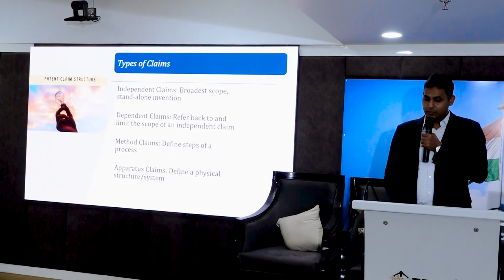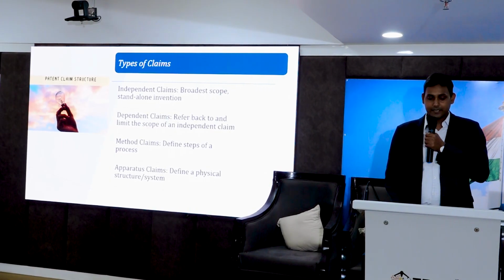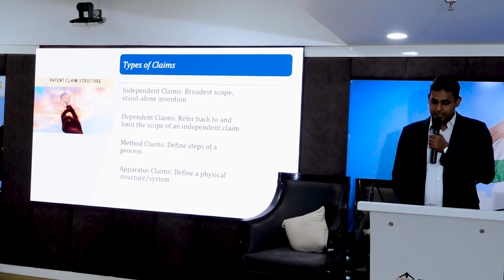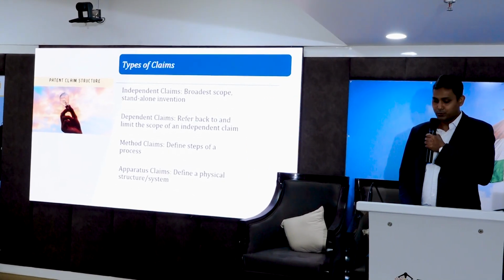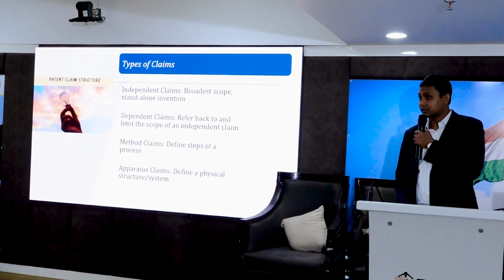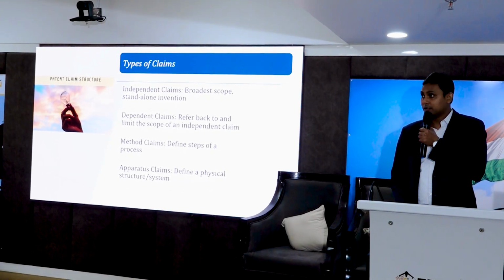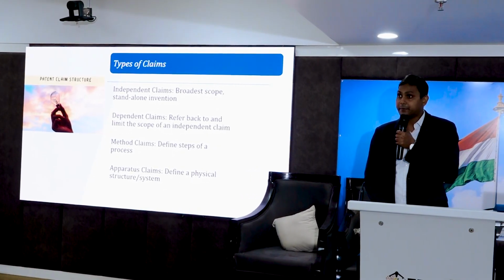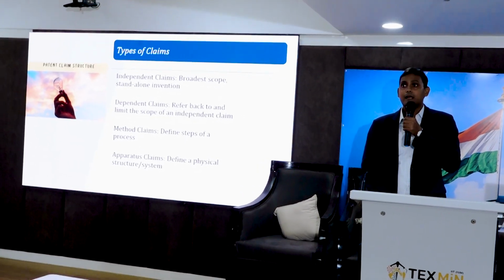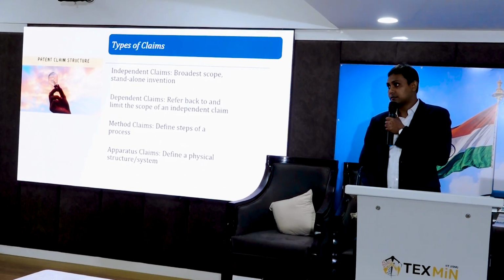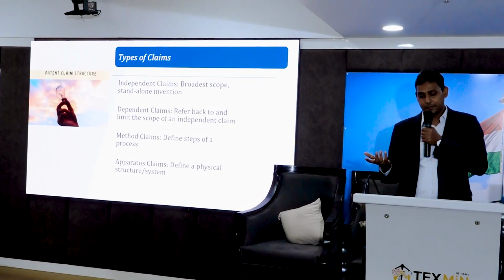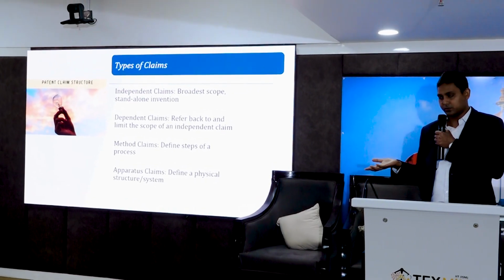There are two types of claims we can define. One is the method claim, and another is the apparatus or product claim. In the method claim, you have to define the steps of a process, how you are executing your process one by one. You define that in the independent claim, and you can add the additional features in the subsidiary dependent claims.